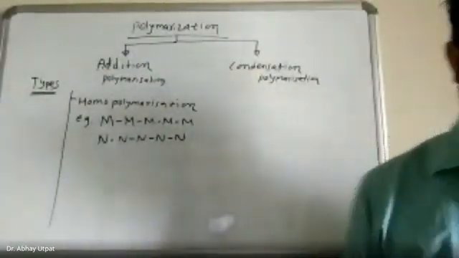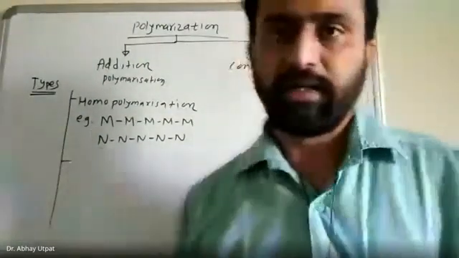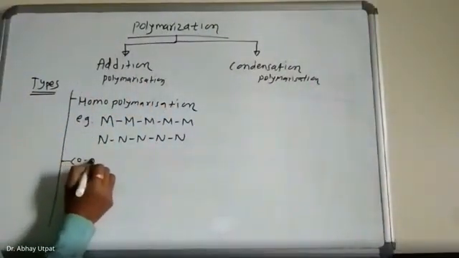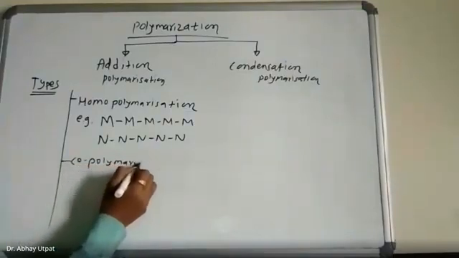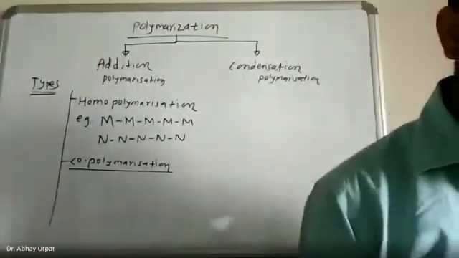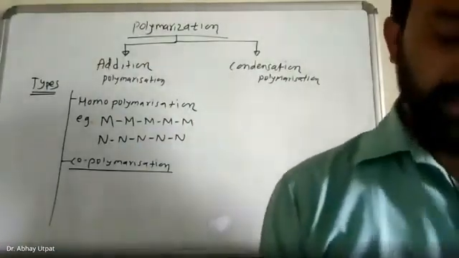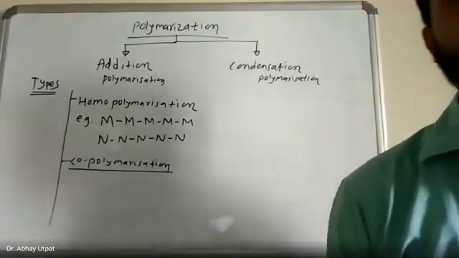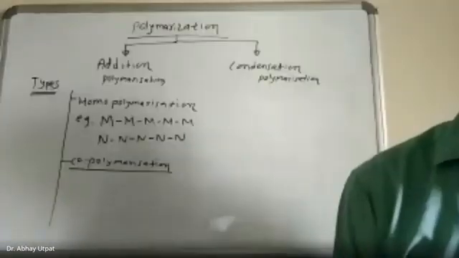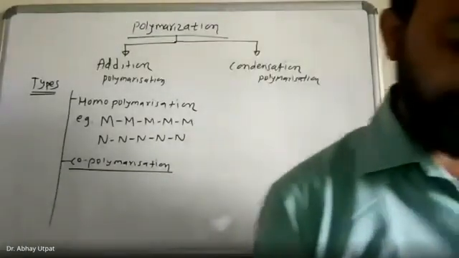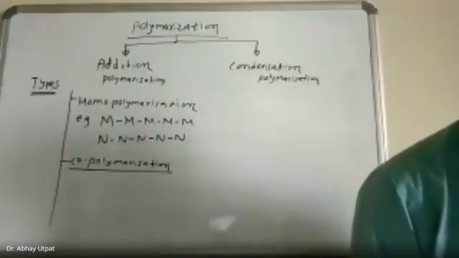Then second type, copolymerization. It consists of joining of two polymers, or formation of a chain with two polymers.